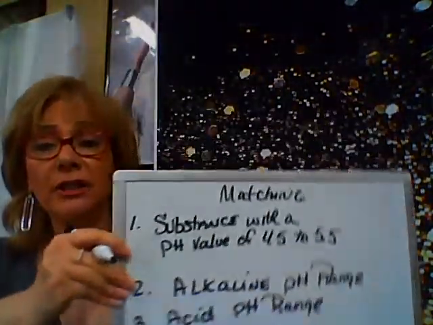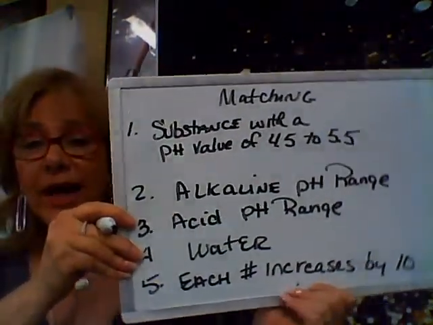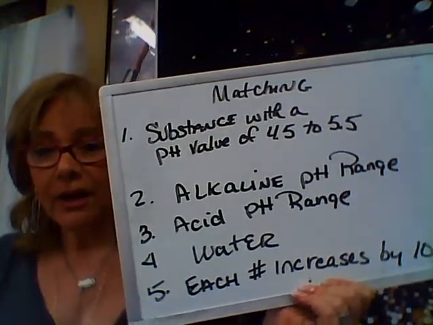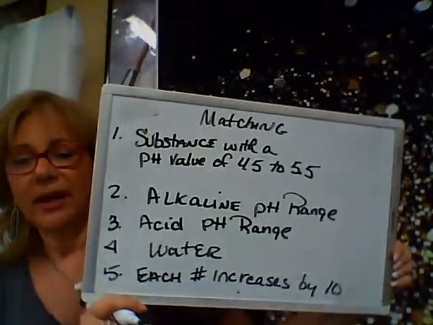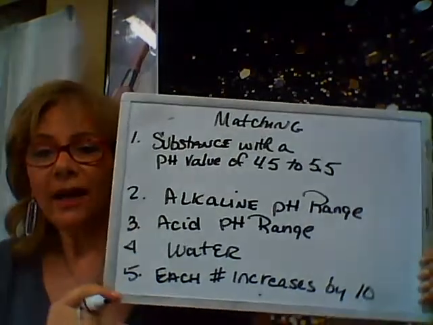I want you to make a chart. And on the left side, this is going to be matching. On the left side, I want you to write these items 1 through 5 under the word description. So I'm going to put the word description. Just put it under description. I don't know how to say that. So these are descriptions, okay? I want those written.